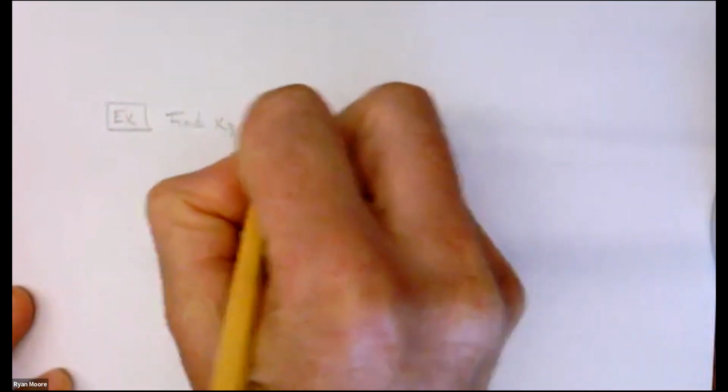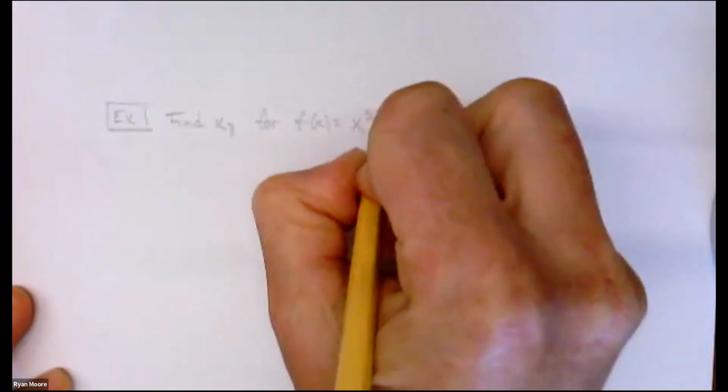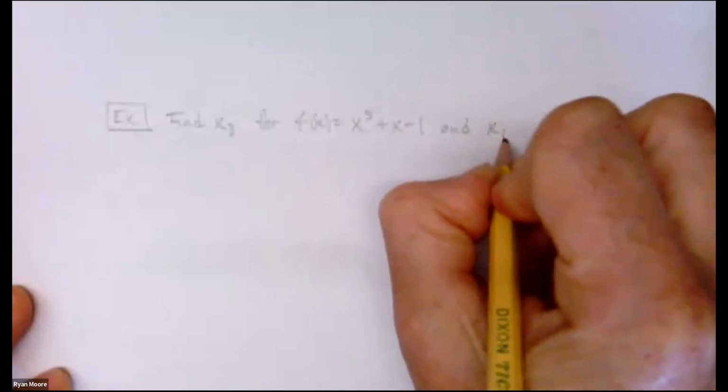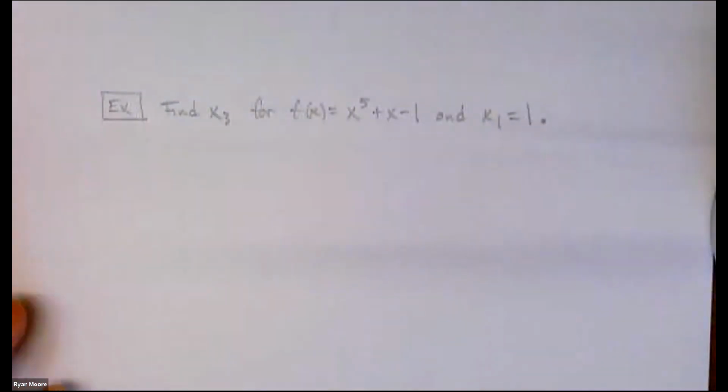Here we go. Find x3 for f of x equals x to the fifth plus x minus 1 and x1 equals 1.